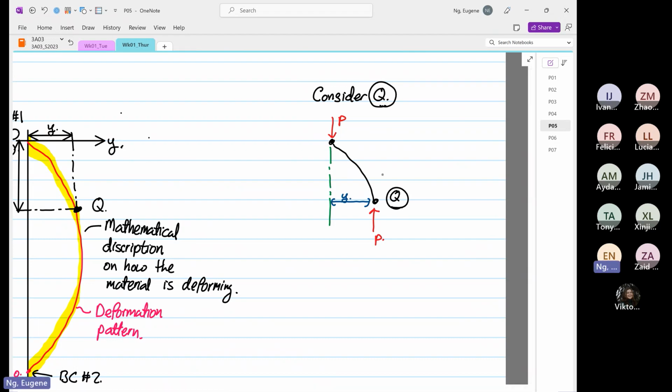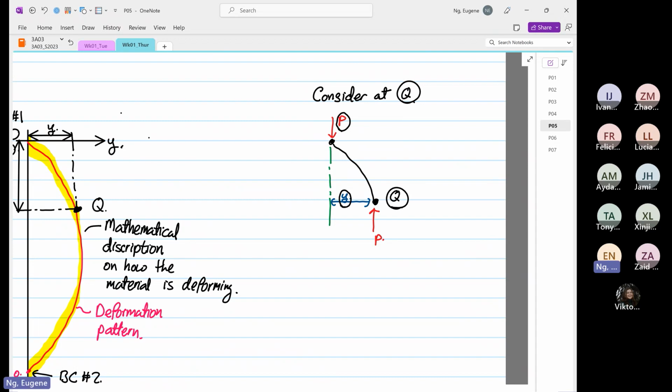So consider point Q. If we look at point Q, we have a force P over here, and we have a what?